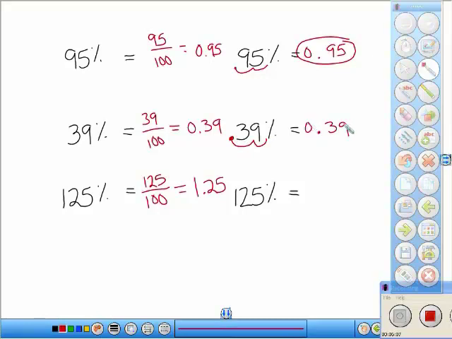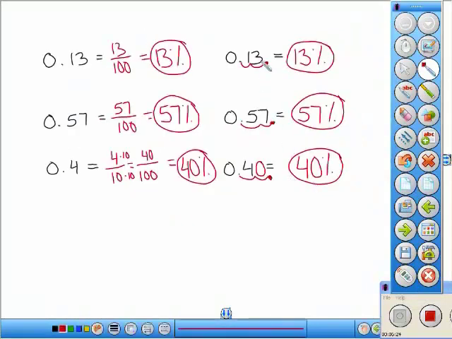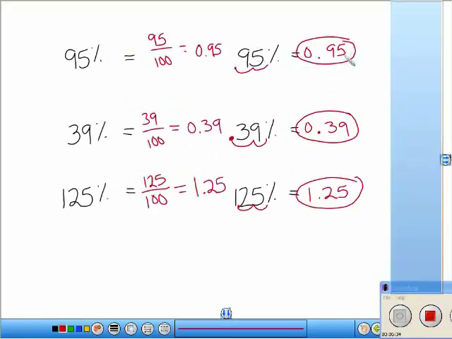And I like to put a 0 in front just so we know that's a decimal. Here's where the decimal would be. So let's go backwards. 1, 2. It would go right in the middle there: 1.25. Okay? So once again, in review, if you're taking a decimal to a percentage, just move the decimal place over 2 places to the right. And if you're going backwards, if you're starting with the percent and you want to turn it into a decimal, just move the decimal 2 places to the left.